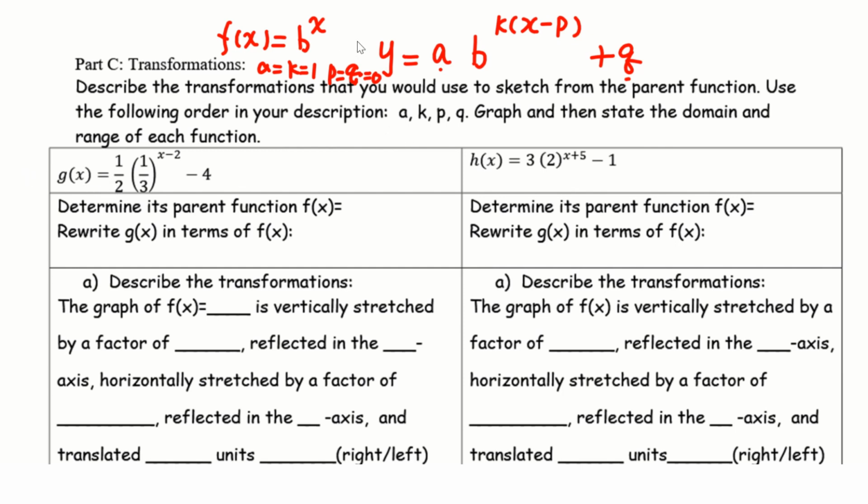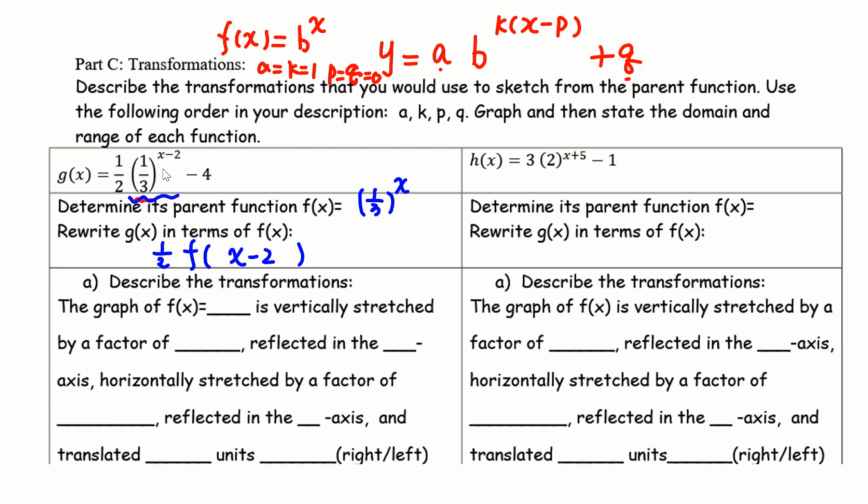So compare this one with this function. We are going to see the parent function is just b to the exponent x, base to the exponent x. So this is 1 over 3 to the exponent x. Then rewrite this one in terms of f of x. We are going to change it to 1 over 2 times function f. The exponent we put here, that is we sub in, you will have 1 over 3 to exponent x minus 2.